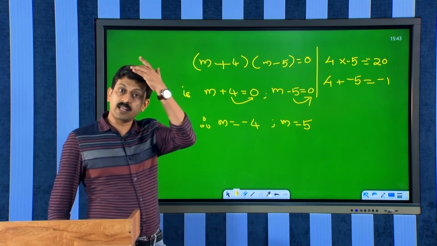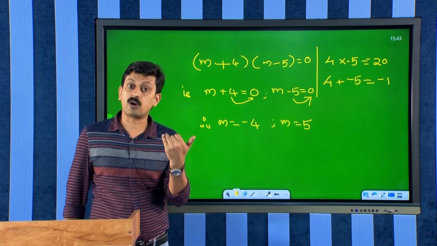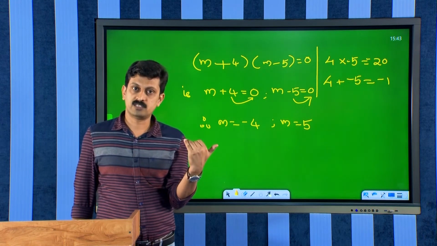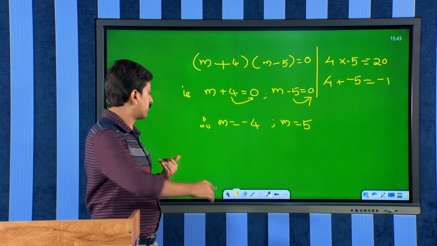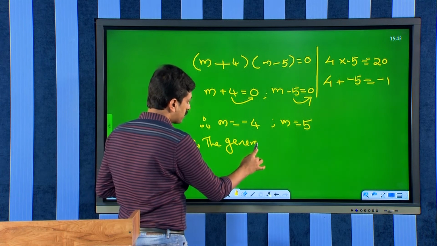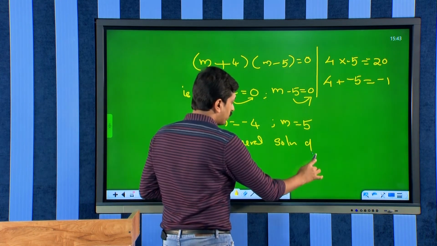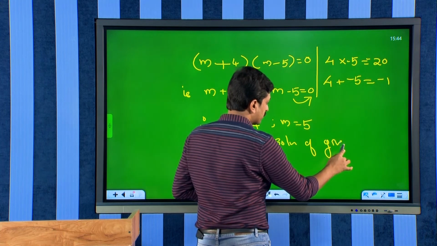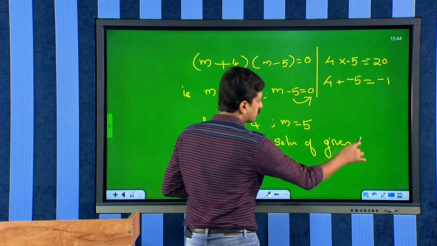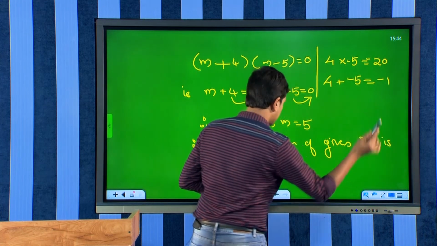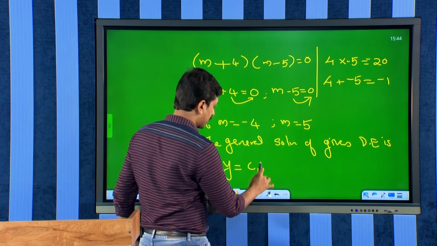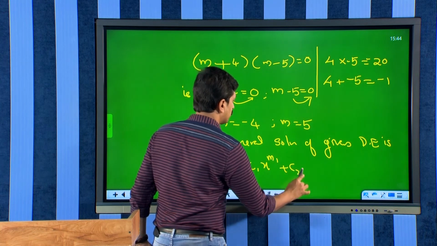So the roots of the auxiliary equation are real and distinct. Therefore, the general solution of the given differential equation is y is equal to c1 x raised to m1 plus c2 x raised to m2.